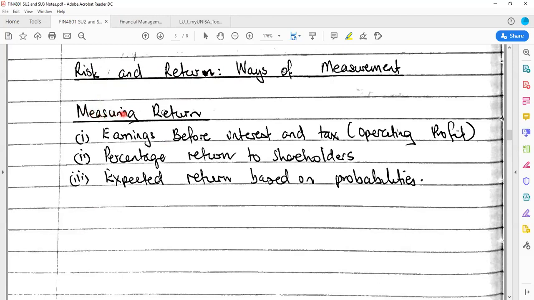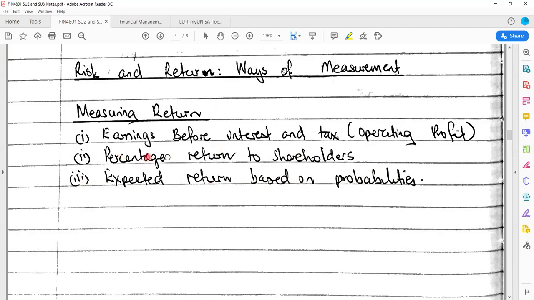So I'll briefly talk about measuring return. There are three approaches to measuring return according to your prescribed textbook. Return can be measured using operating profit, also known as earnings before interest and tax. It can also be measured using percentage return to shareholders, and it can also be measured using expected return based on probabilities.